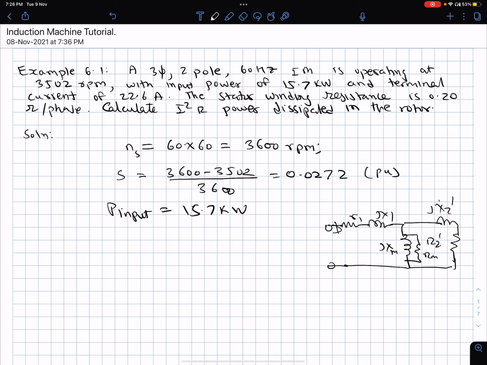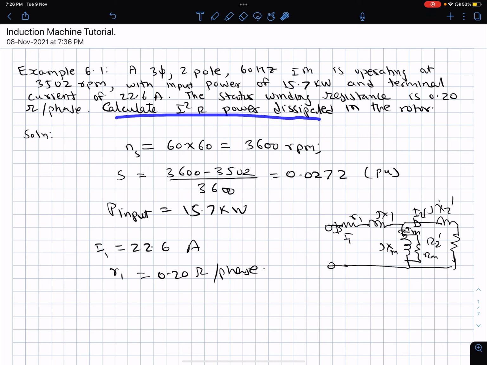So this is the current flowing into the terminal. It means this machine draws this particular amount of current, which is given to you as 22.6 amperes. Let's call this I1. It will have a component I2 dash, and it will have a magnetizing component. So the input current is 22.6 amperes. The stator winding resistance is 0.20 ohms per phase.